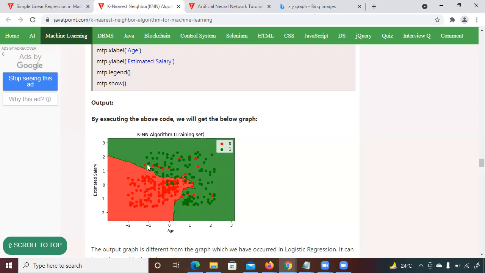But their attribute will remain the same. That's why they are represented with red color, but they are coming in a green region because they are near to the green data points. Similarly, in the red region, this green data point is shown with green color, but it is near to the red data points. That's why it comes into this category, but it is incorrectly classified.